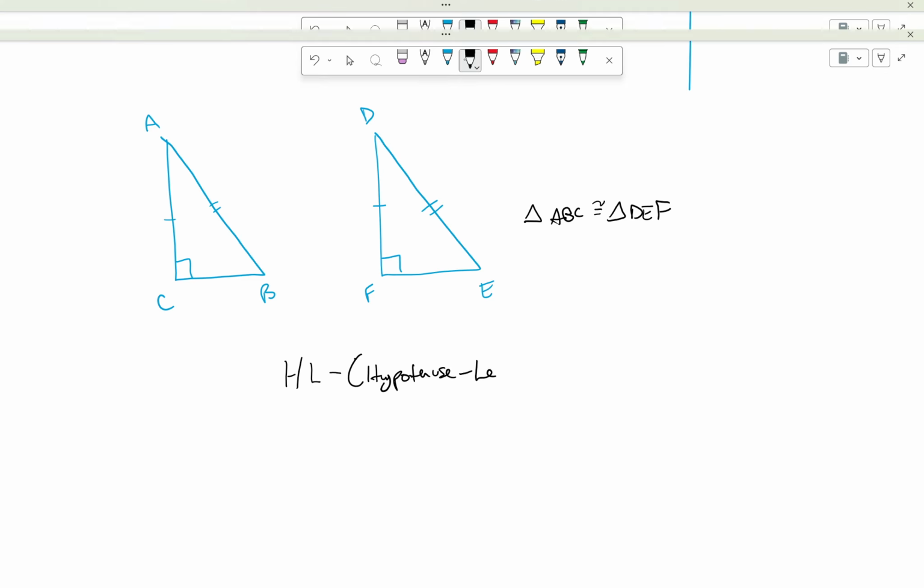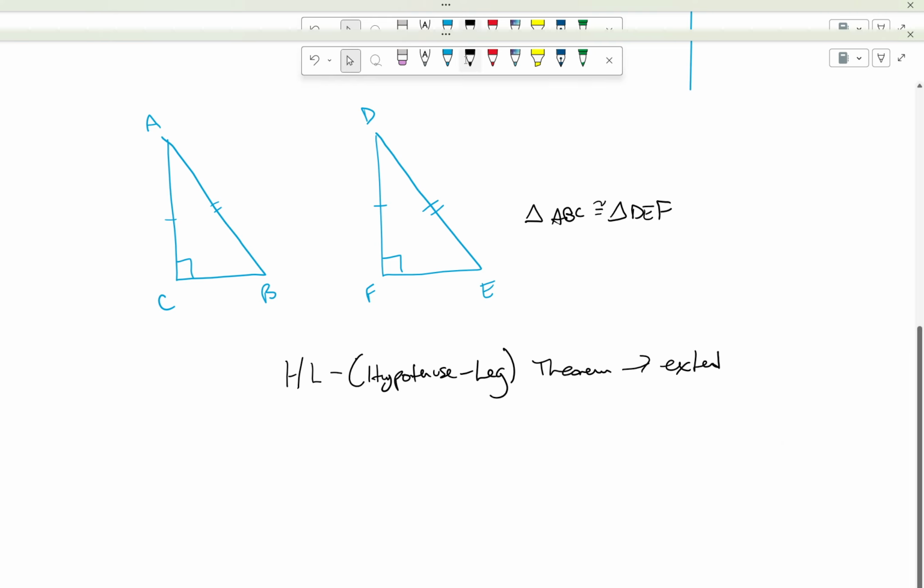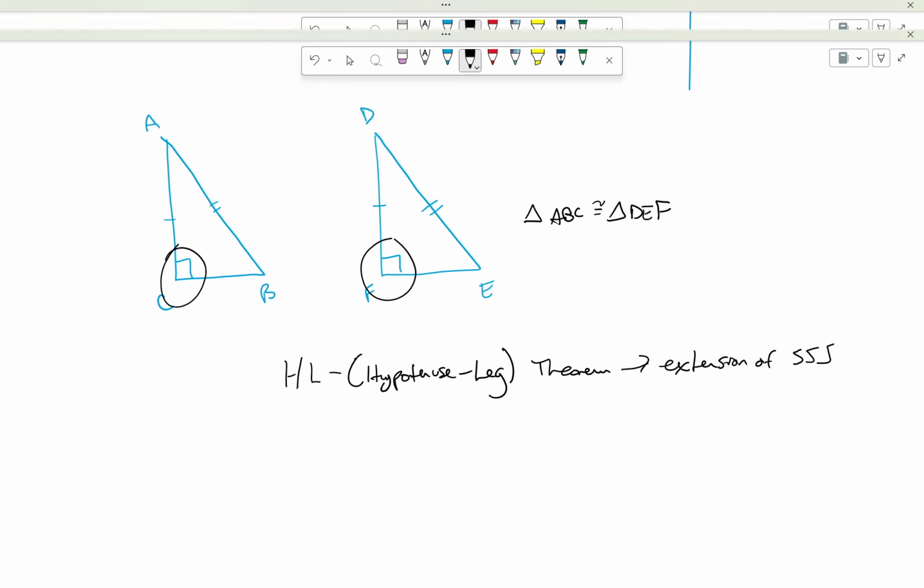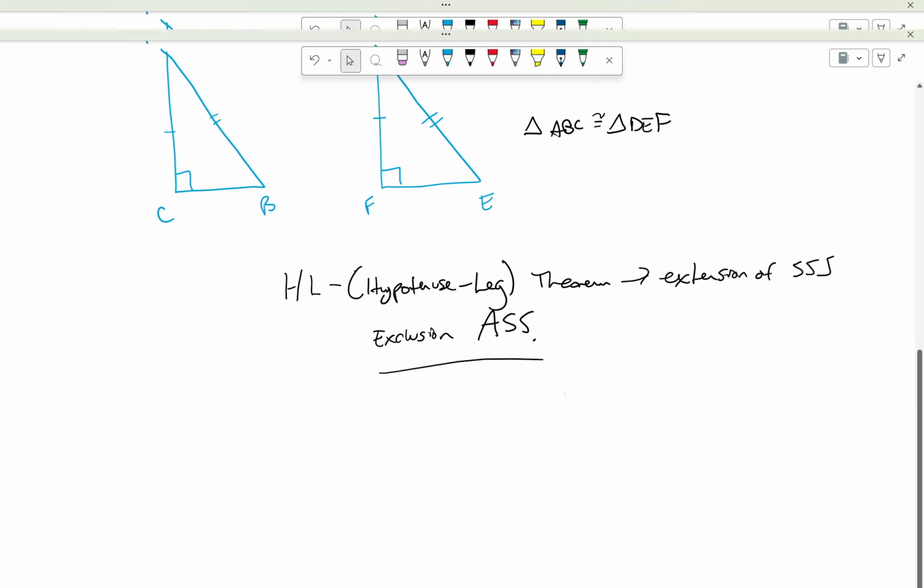The hypotenuse leg theorem is really an extension of side, side, side, because it's showing through the Pythagorean theorem, because we have a right triangle, that all three sets of sides will be congruent. This is also the lone exclusion where you don't have an included angle, as in angle, side, side. This is your lone exclusion. And here's why.